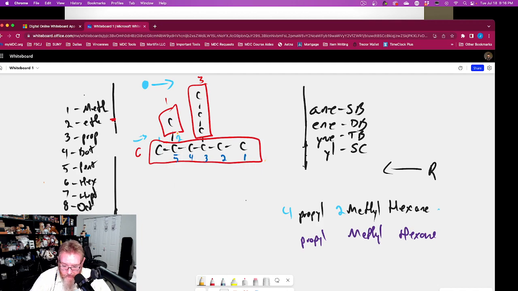So, the methyl doesn't change, because going on one side it's 2, going on the other side it's going to be 5. Can't change it. 3, 4. Right? Because remember, up here it's 4 propyl. Lowest number here is 3. Lowest number here is 3.